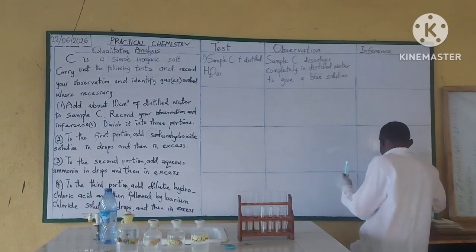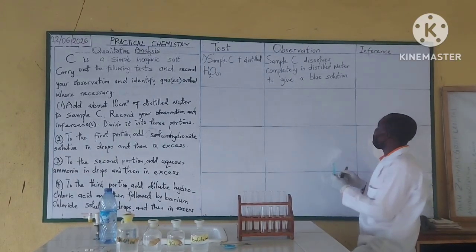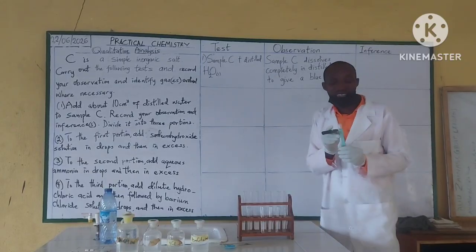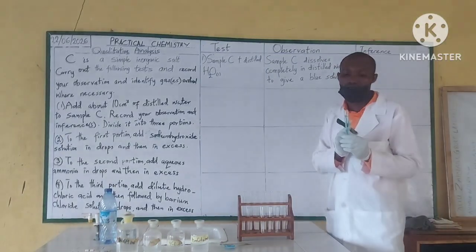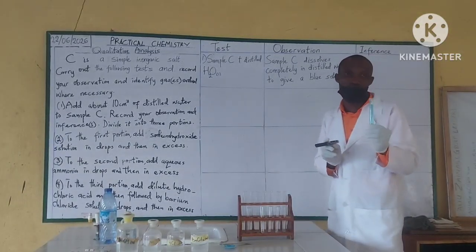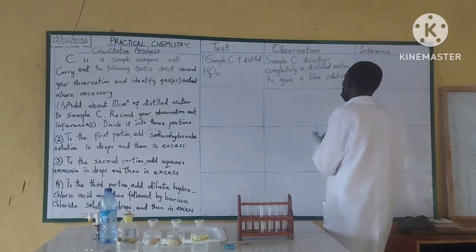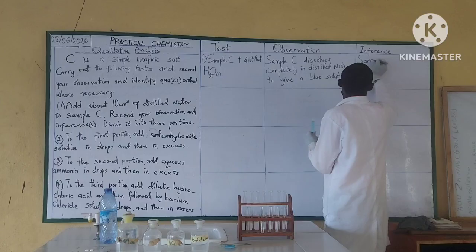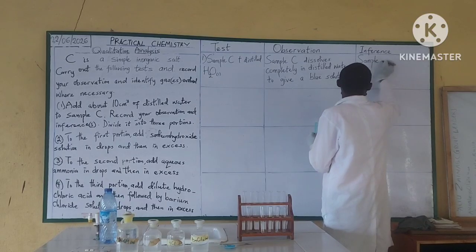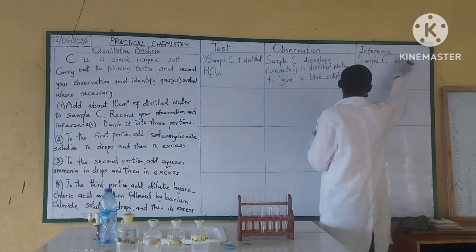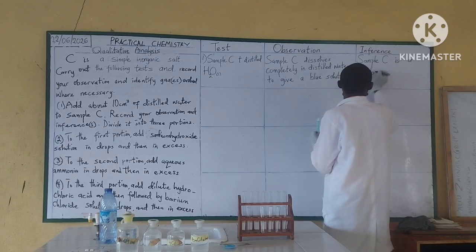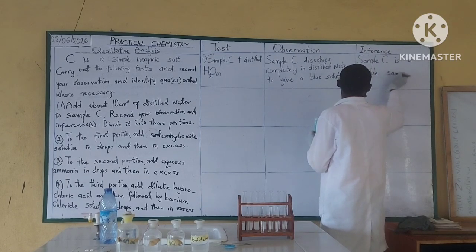Then we come to the inference. The inference is what kind of salt is sample C. That means we say sample C is a soluble salt.